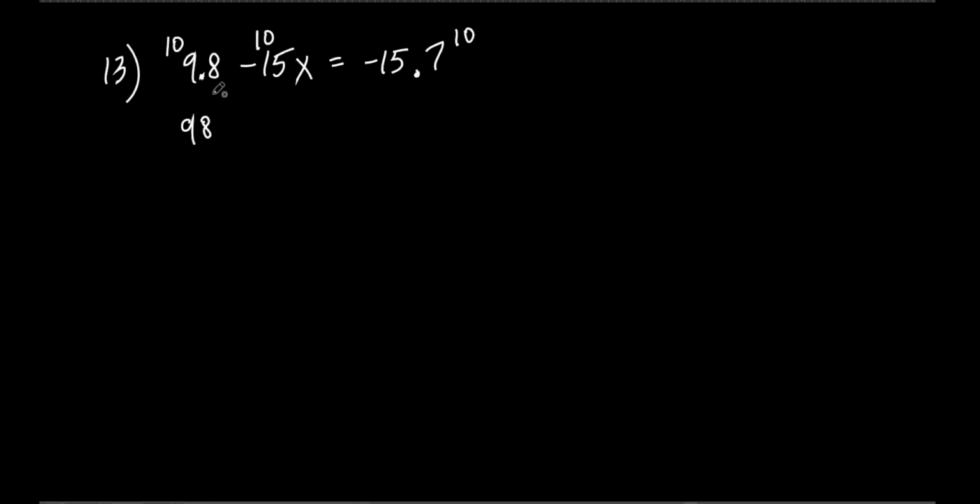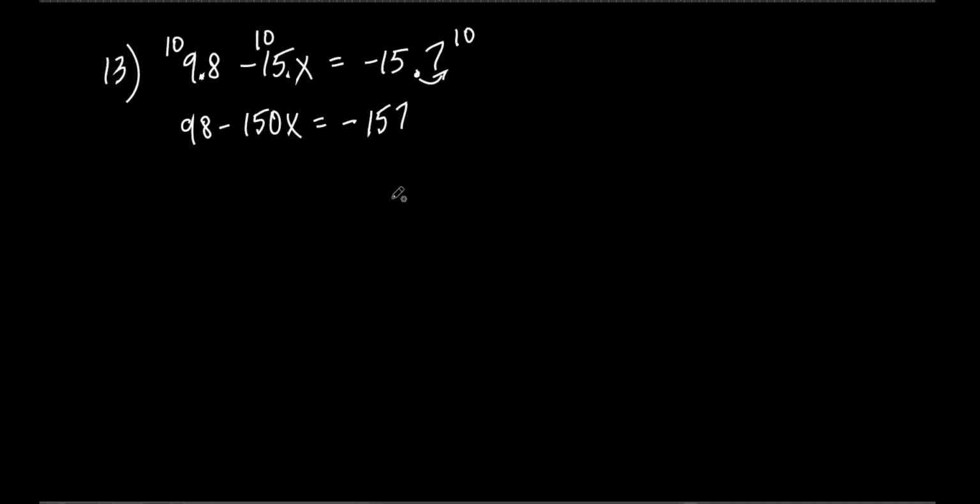That's what 9.8 times 10 is. Now this decimal is already all the way to the right, so if I multiply that by 10, I just stick a 0 on there. So that's minus 150x. And this is going to be times 10, so again, I move the decimal to the right one place, and that gives me a negative 157.